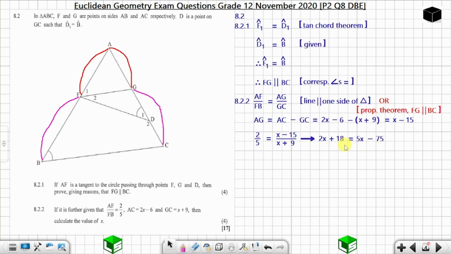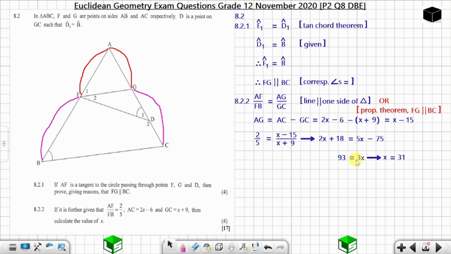Now negative 75 to the left, 18 plus 75, you are going to have 93 equal to 5x minus 2x, you have 3x. So x is equal to 31 when you divide by 3 on both sides.